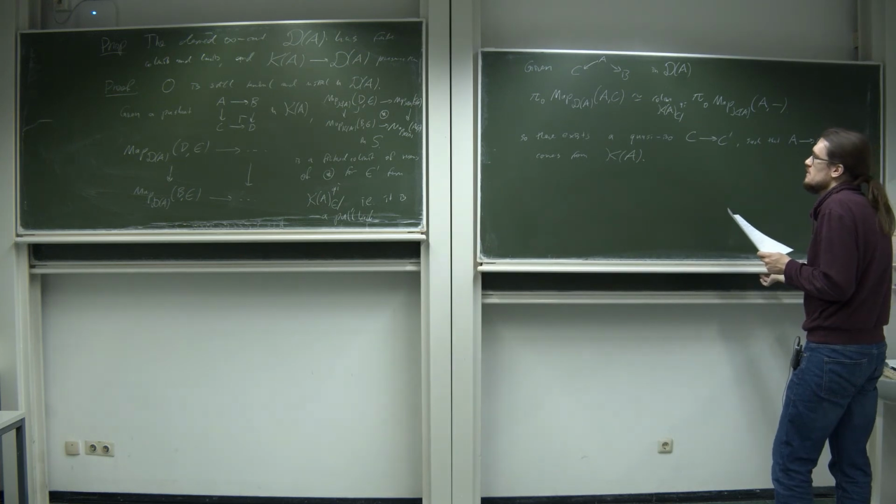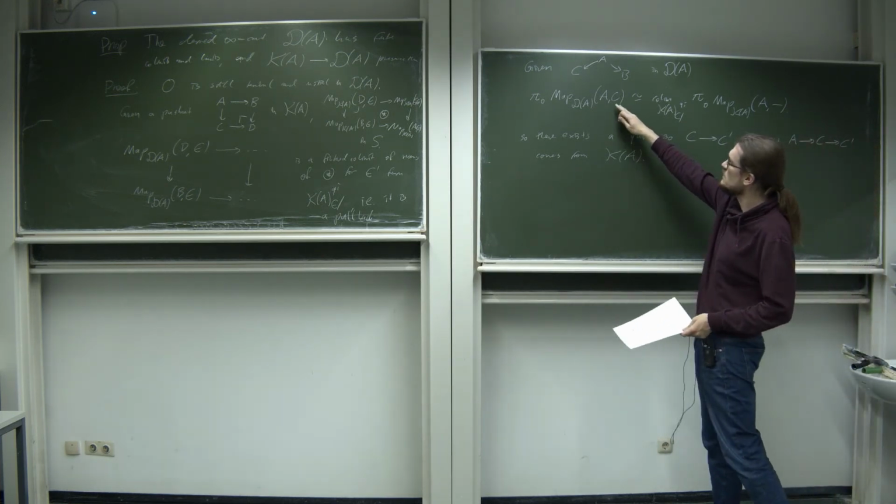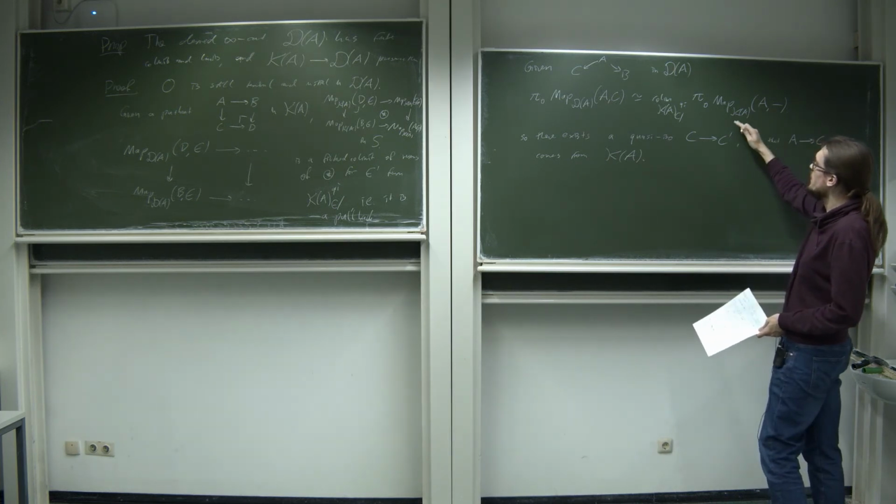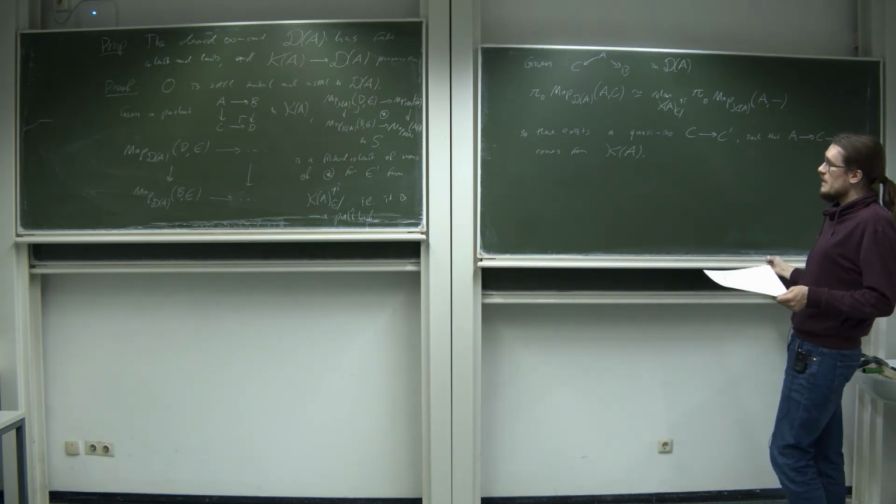This is what this colimit formula tells you about a map from A to C in terms of all the maps from A to C prime in K of A.